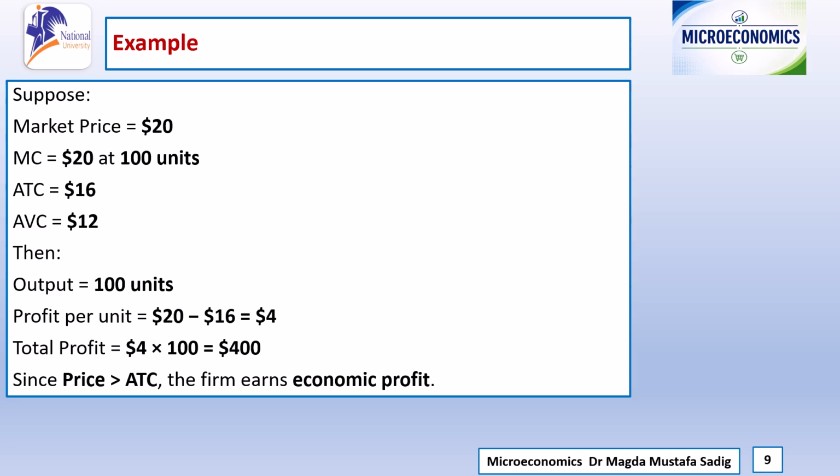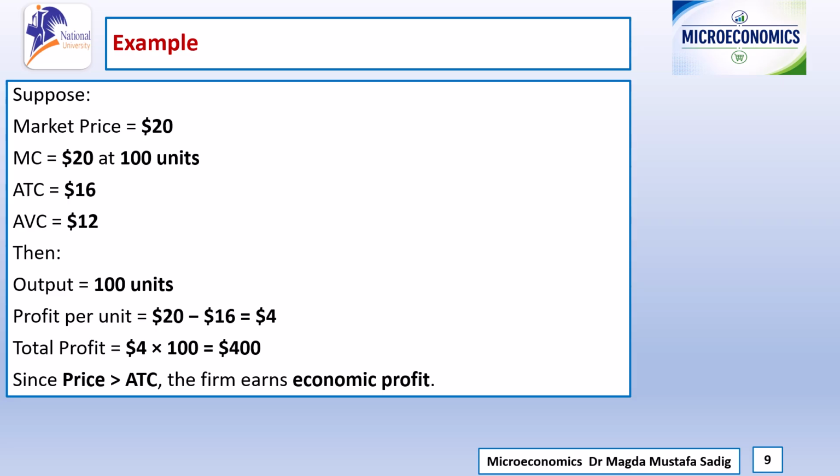If the market price equals $20, marginal cost equals $20 at 100 units. Average total cost equals $16. Average variable cost equals $12. Then output equals 100 units. This is marginal cost. So what is the profit per unit? It is price minus average total cost, equal to $4.